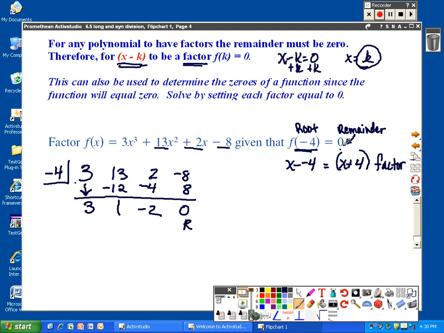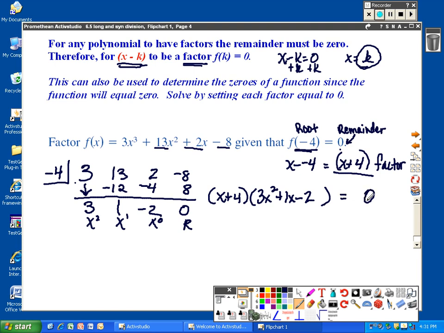So I already have this factor, x plus 4, times what factor remains? Remainder, x to the 0, x to the first, x squared, times 3x squared plus 1x minus 2 should equal 0.